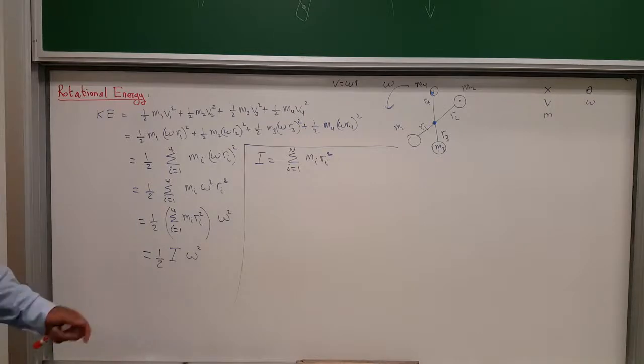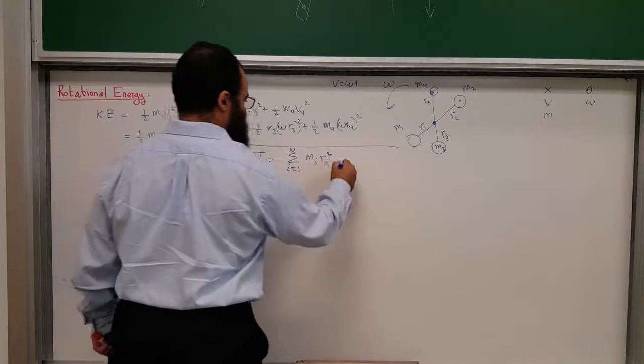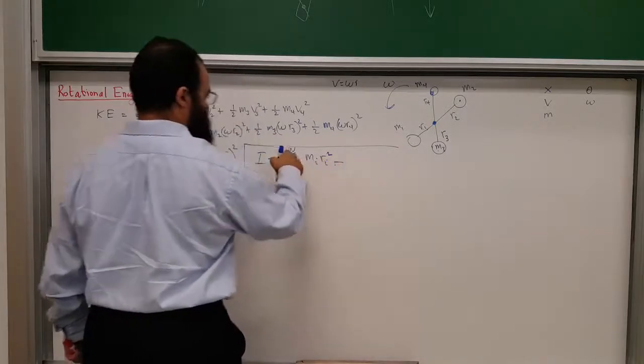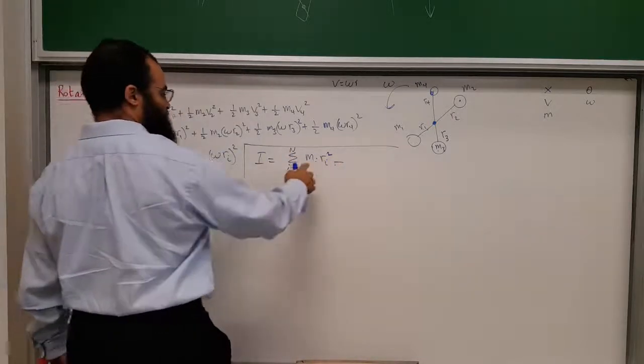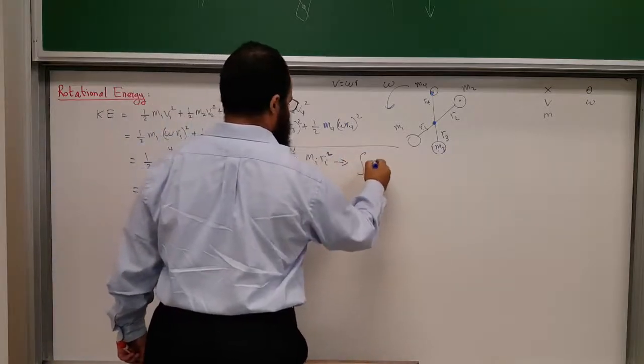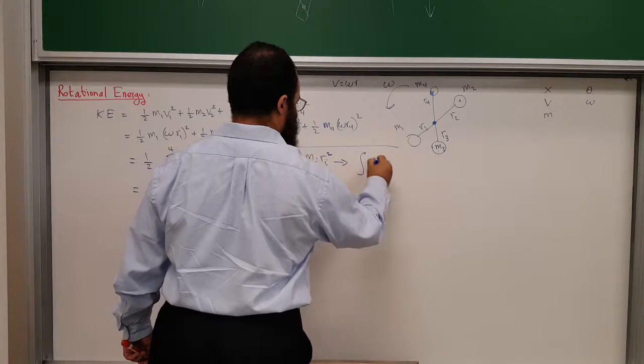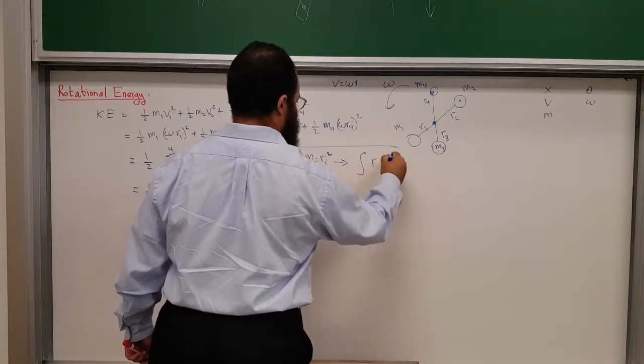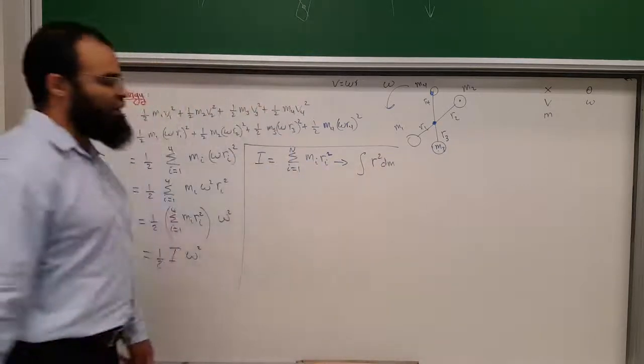And if you have infinitely many masses, if you divide your object into many masses, make the masses tinier, but make the summation go to infinity. So this goes to 0 and this goes to infinity. And when you add them, it becomes the integral of r squared dm.